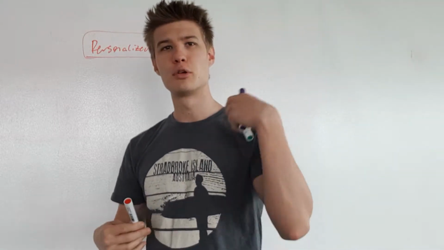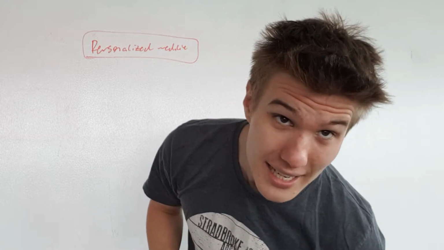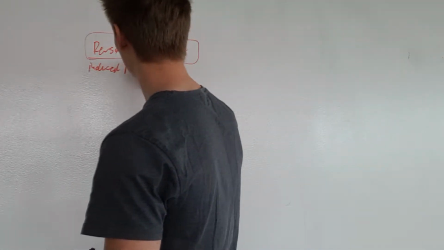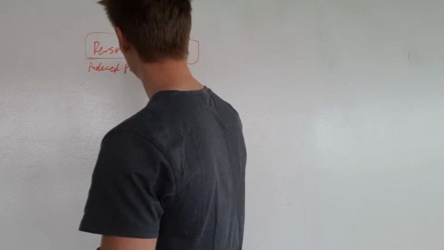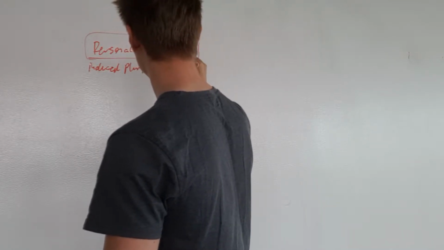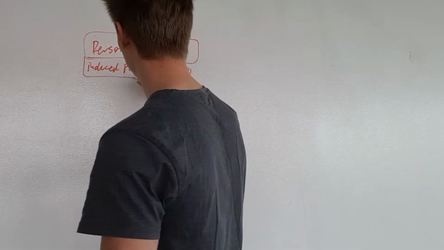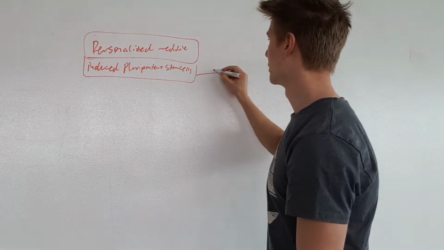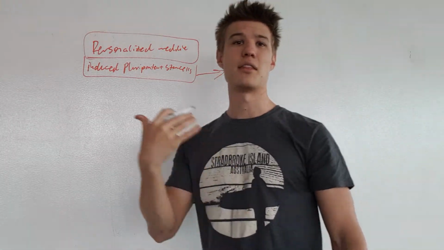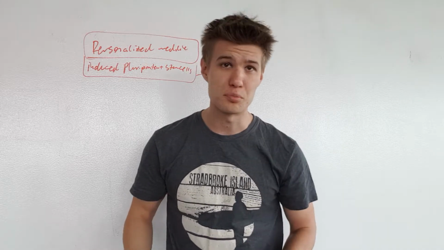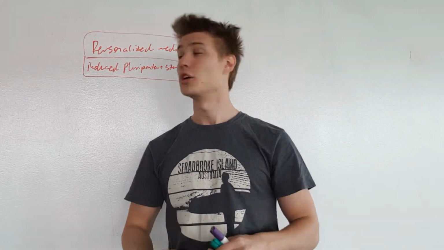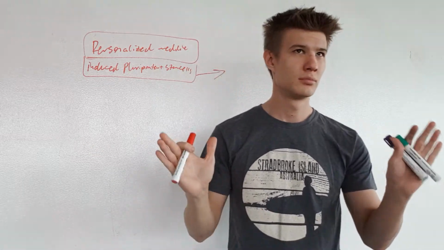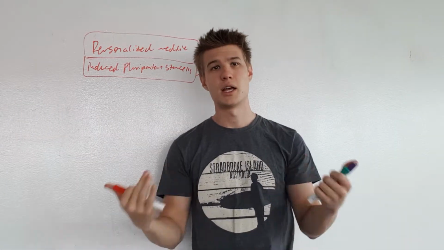We induce pluripotency to create induced pluripotent stem cells, and then we differentiate those into brain cells, and then we create an organoid out of those brain cells. Right? Now we're going to go through a little bit what an induced pluripotent stem cell is and how that's made, and just get a little bit more of an understanding of how that works.